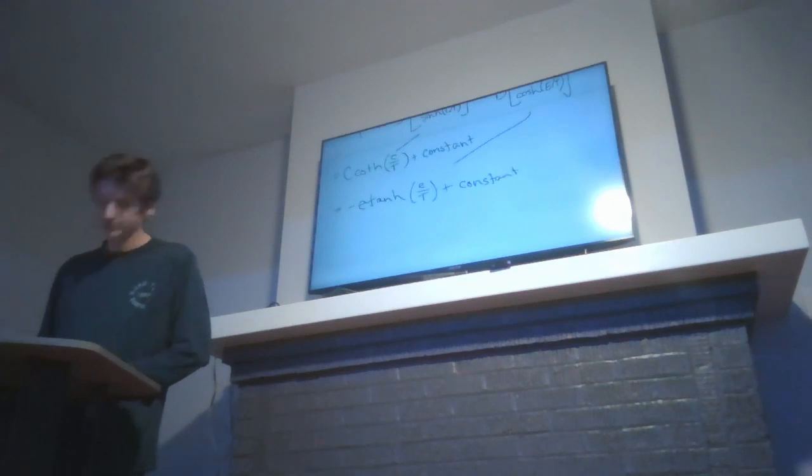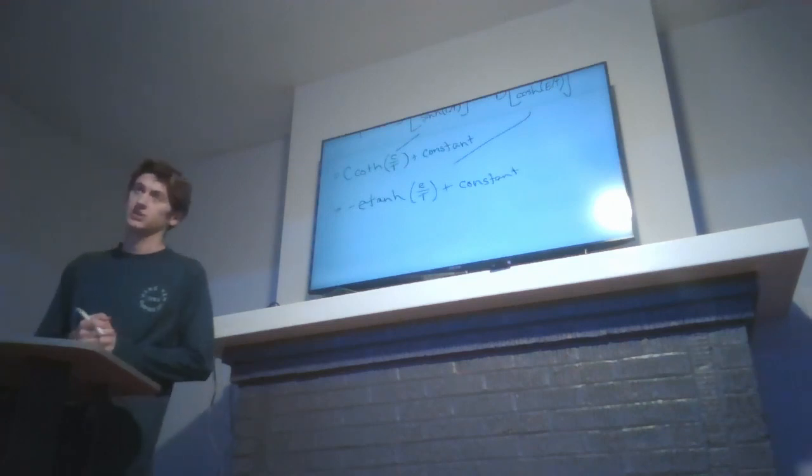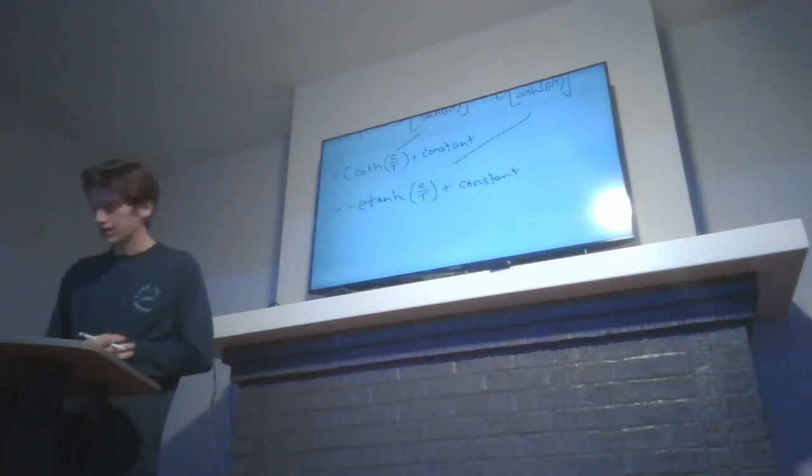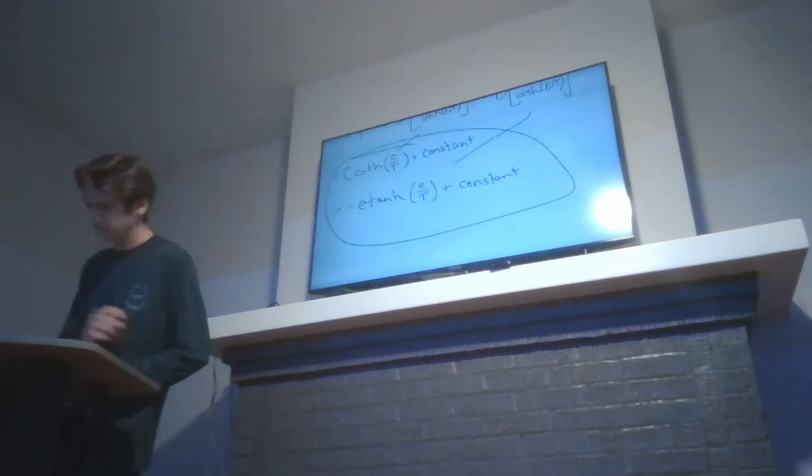For this one we get negative E tanh(E over T) plus a constant. This will be very helpful in our coding, these two equations. I'll be back for the second.